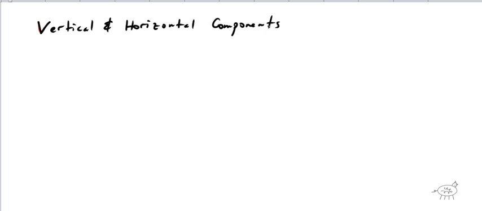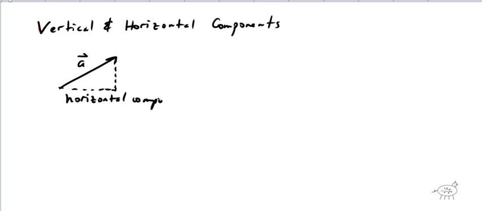Let's talk about vertical and horizontal components. Okay, pretty easy. If this is my vector A, you guys know this is the horizontal component right here.